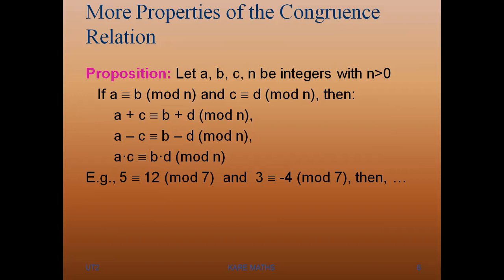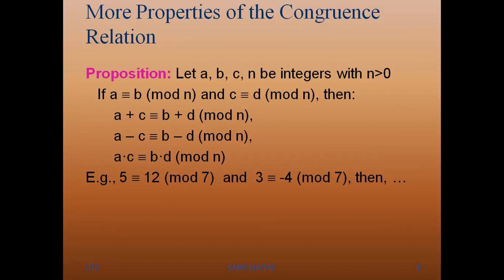Whenever I deal with an example, take 5 is congruent to 12 mod 7, and 3 is congruent to minus 4 mod 7. So when I use the product for this, what do we get now? Left hand side I'm just multiplying: 5 threes are 15. Right hand side, minus 48 mod 7.